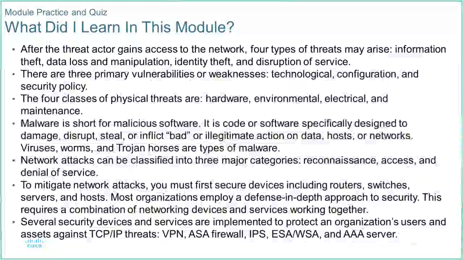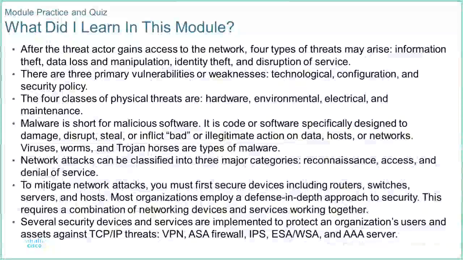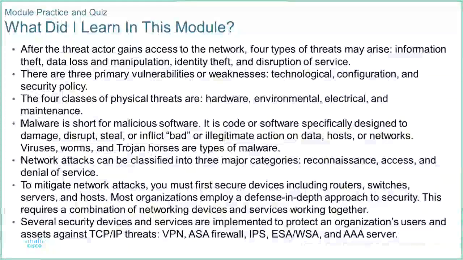Then we had a look at the three main types of malware, being viruses, worms, and trojans, and the differences between them. And then we had a look at the major types of attacks, being reconnaissance, access, and denial.